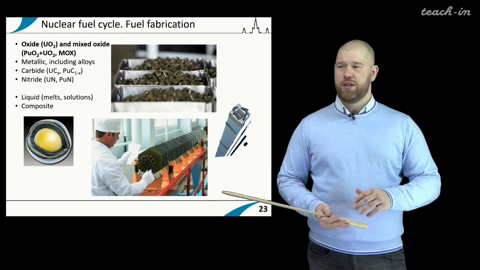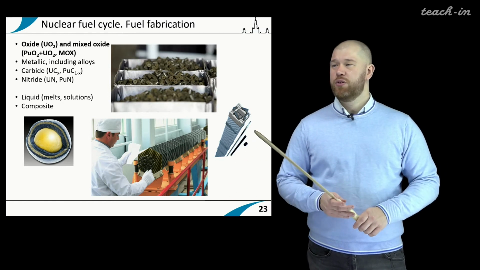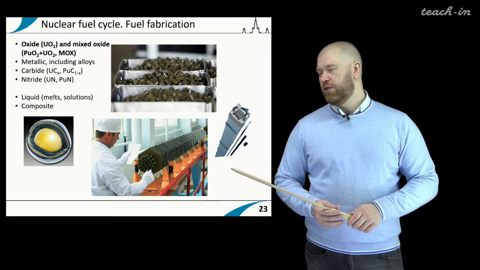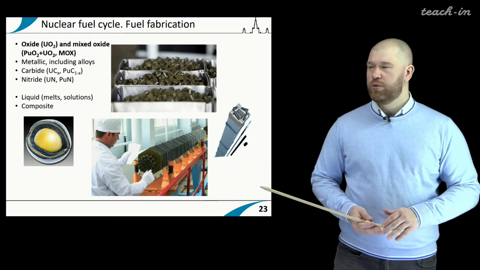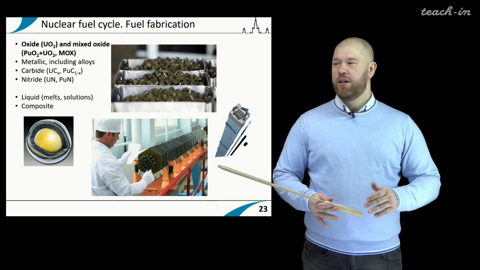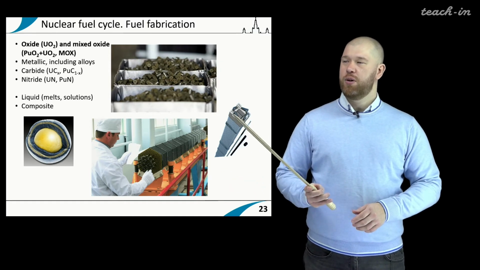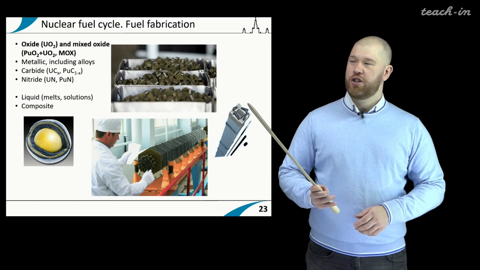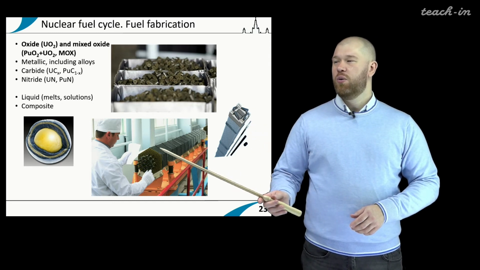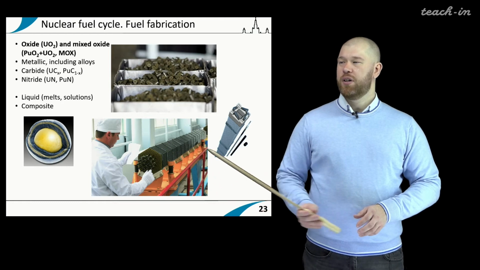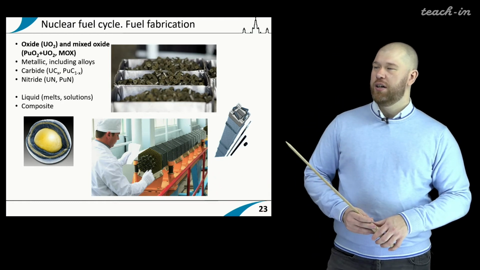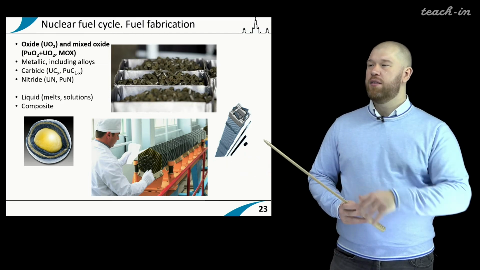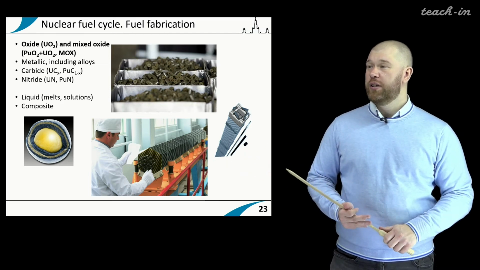Zirconium claddings can have different heights, for example 3 to 6 meters, depending on the design of the reactor. They are then assembled into square-shaped or hexagonal-shaped assemblies, and these assemblies then go to the reactor.